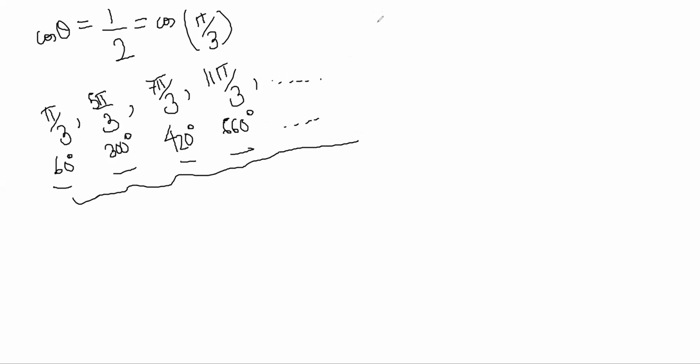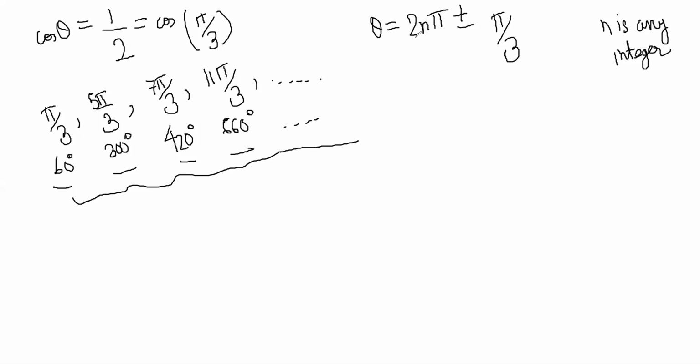The formula turns out to be theta is equal to 2n pi plus minus pi by 3, where n is any integer, including 0. If you put 0, theta becomes plus minus pi by 3, and cos theta will be 1/2 for both of them.